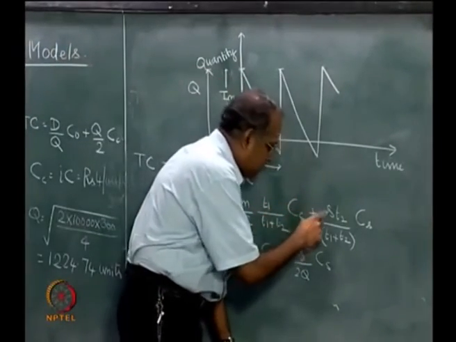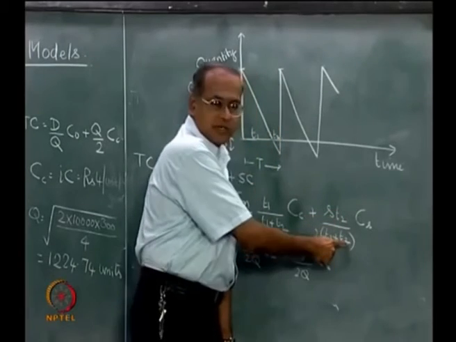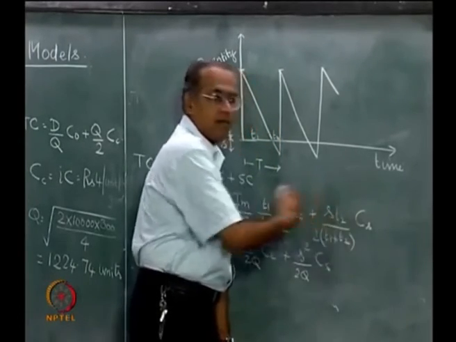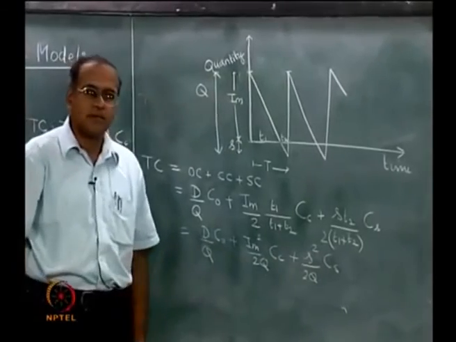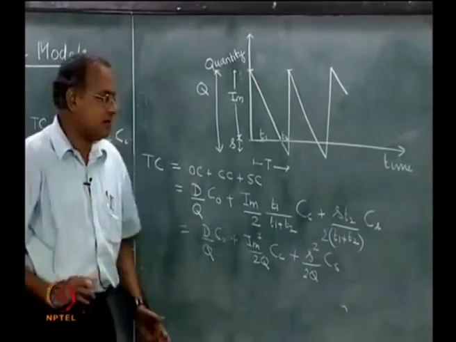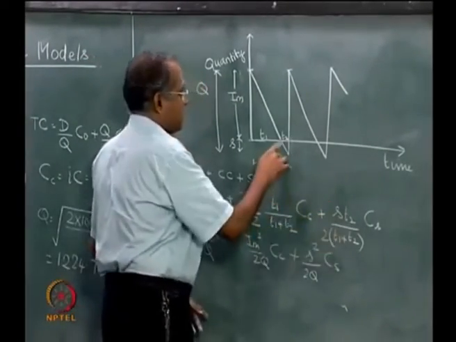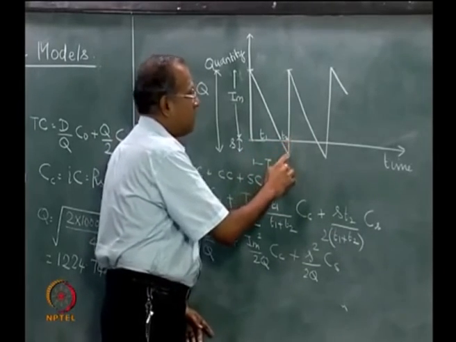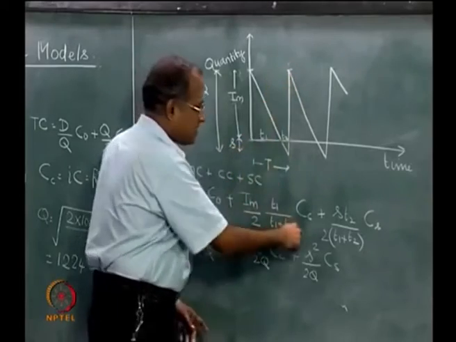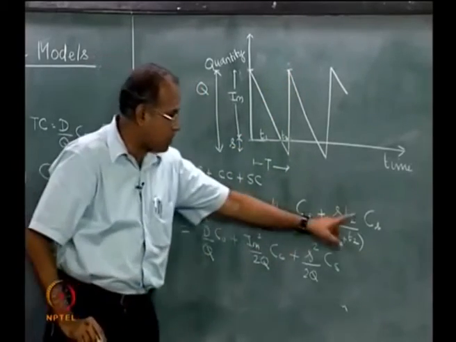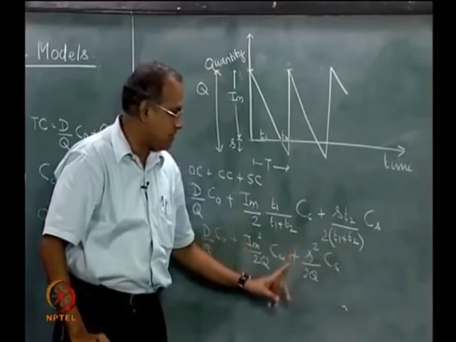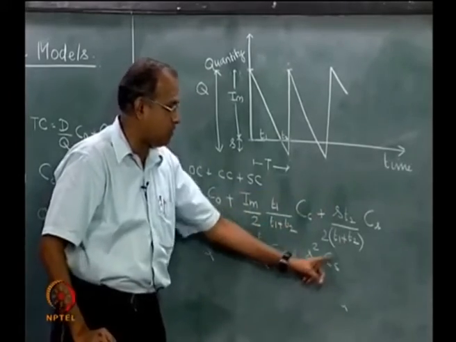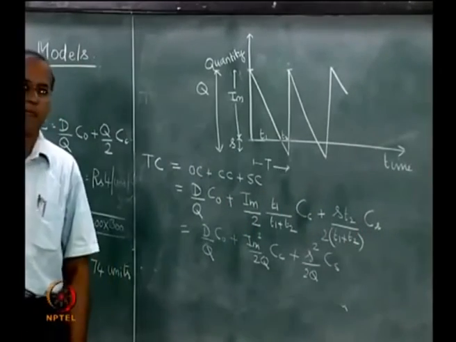This multiplied by the back order cost is Cs. So on simplification, T2 by T1 plus T2 is equal to S by Im plus S, which is S by Q. So this portion becomes S by Q. So this becomes S square by 2Q into Cs.